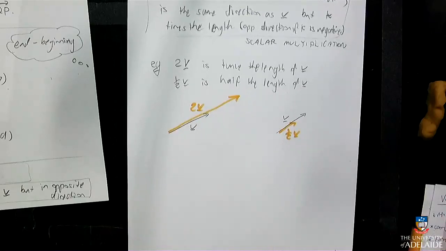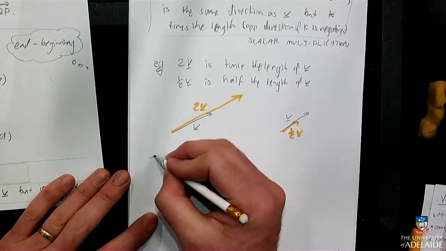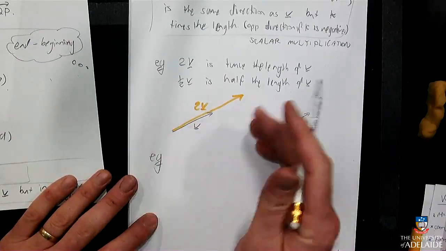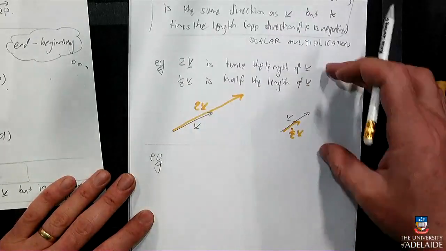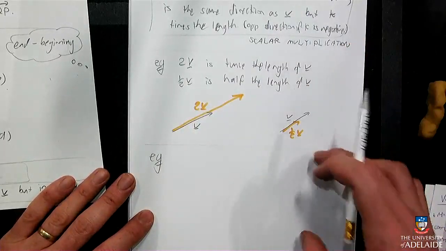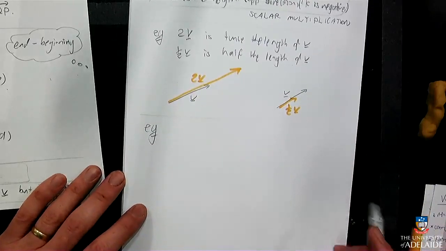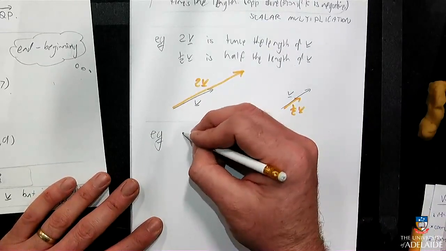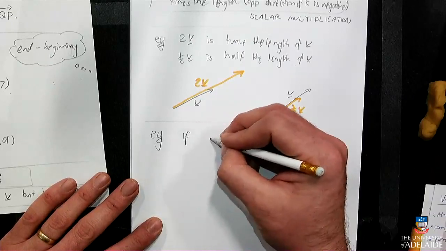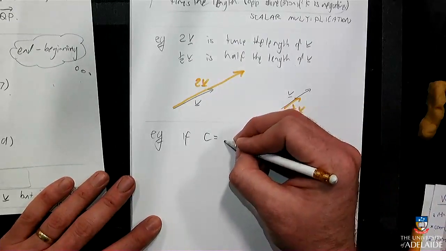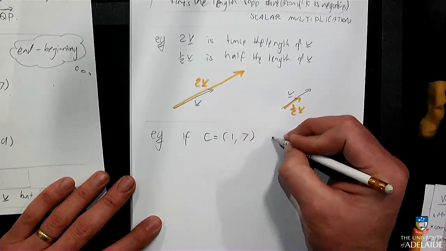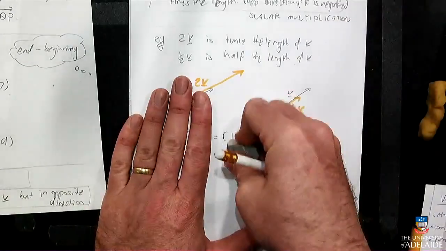Let me do another example, because we can use this idea to start calculating some cool stuff. So this is just an example of the idea. This is an example of doing an actual calculation. So if C is 1, 7, no, I already used 1, 7.